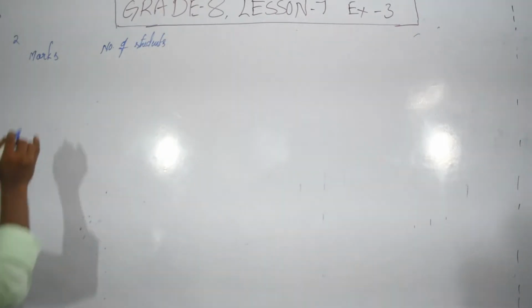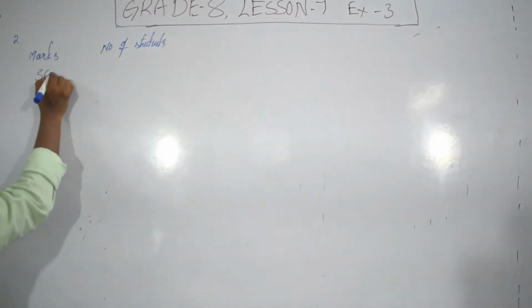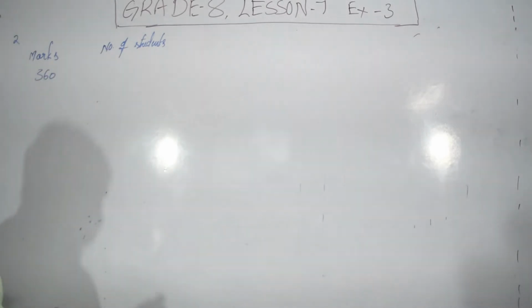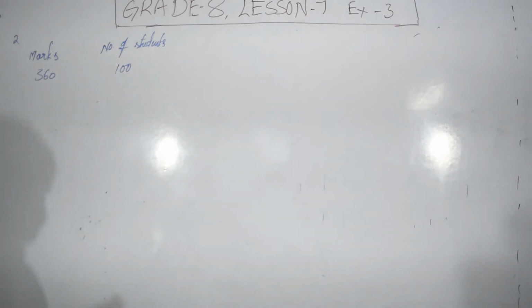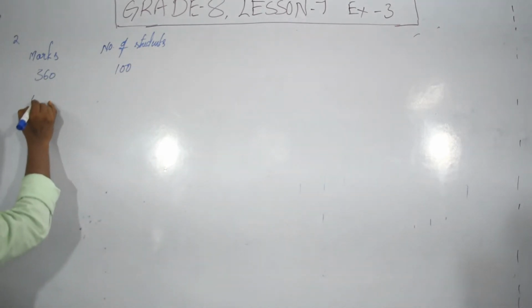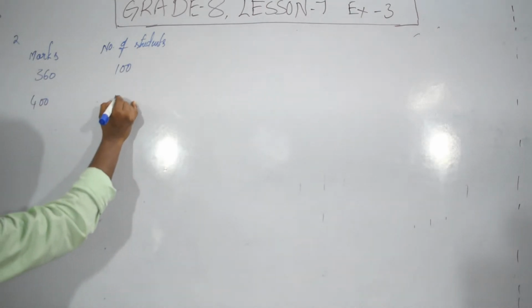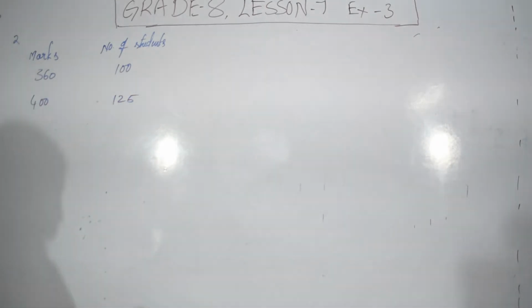Marks 360, how many students? 100. 400 marks, 125.